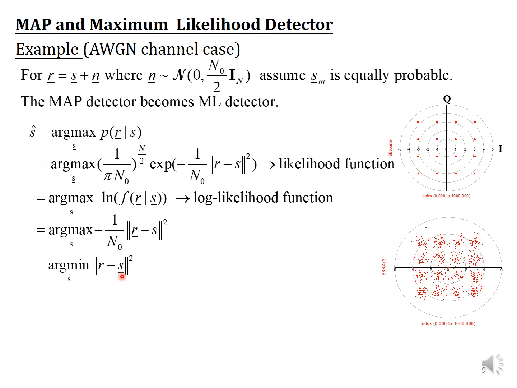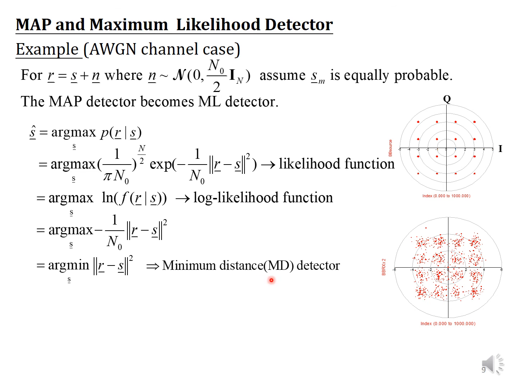It would be equivalent to finding an s that minimizes the distance. That is, find an s that has the minimum distance to the received vector. That is the most likely, the maximum likelihood. The minimum distance to the received vector helps us make the decision.